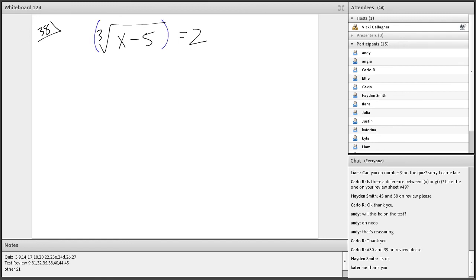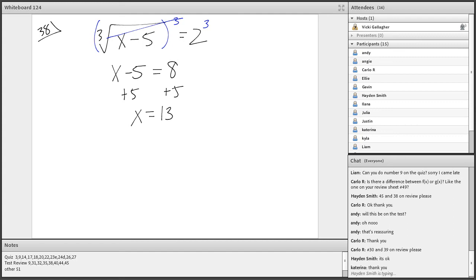When we have a cube root, we're going to cube both sides to get rid of it. And so the cube and the cube root will cancel out. On the right-hand side, I do need to actually figure out what 2 to the 3rd power is. That's 8. And then I have my final answer, which is 13.